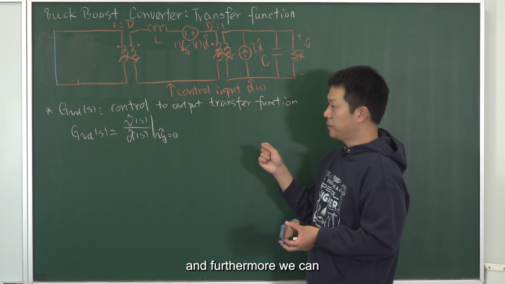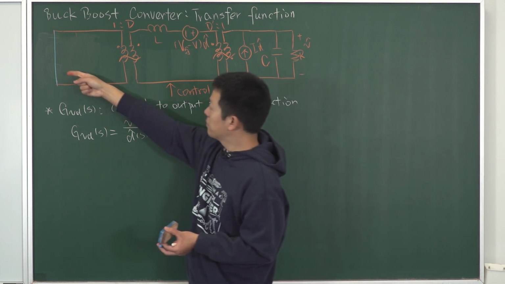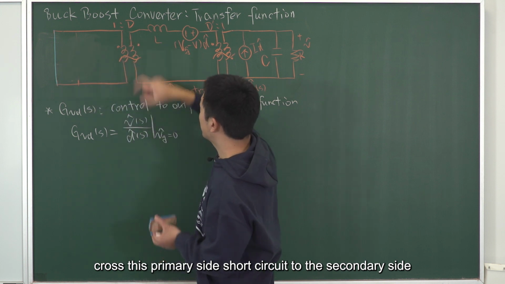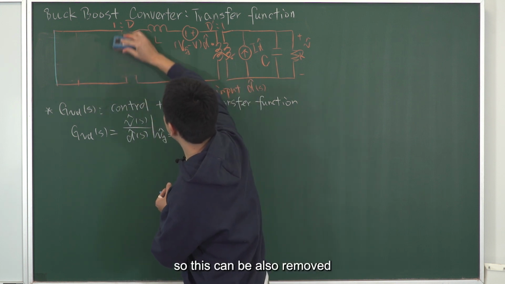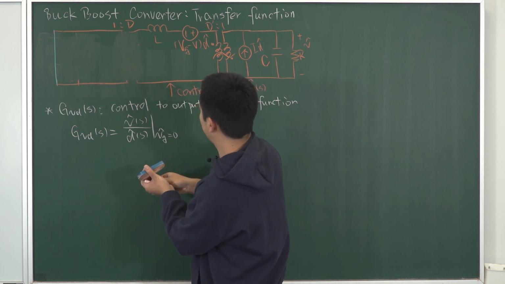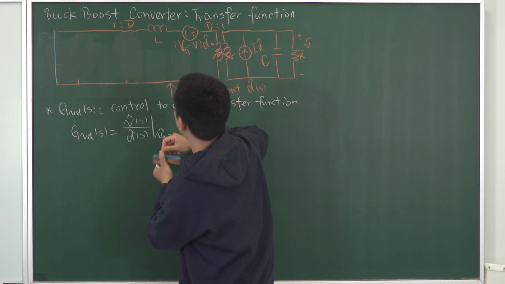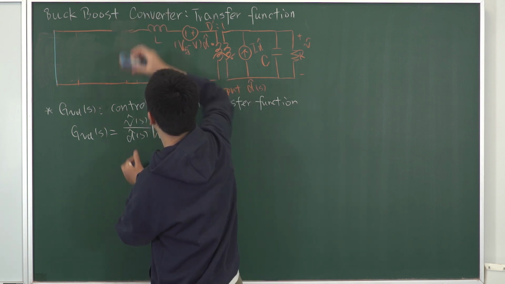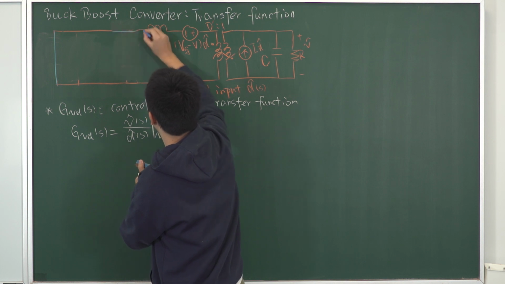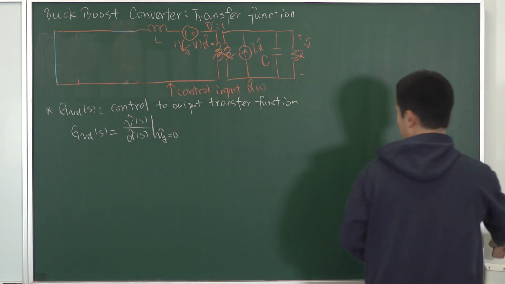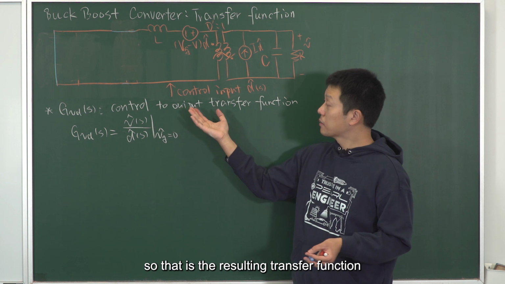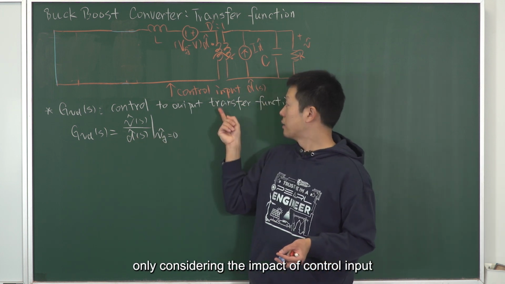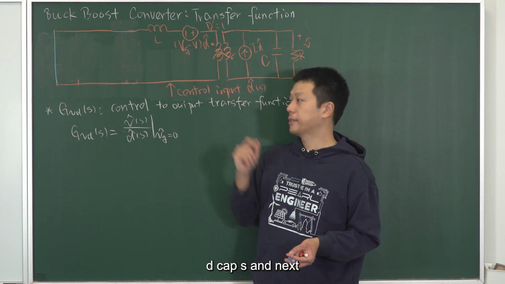And furthermore, we can cross this primary side short circuit to the secondary side. So this can be also removed. So that is the resulting circuit only considering the impact of control input d cap.